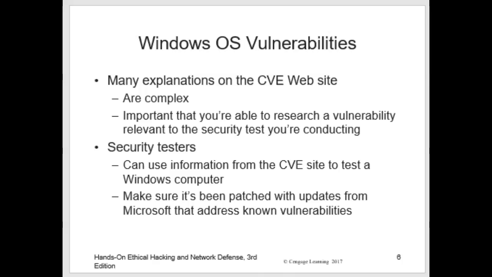Many of the explanations on the CVE website can be very complex, right? For me, for you, for everybody, right? What's important, however, is that you're able to research the vulnerability that is relevant to the security test you are doing, okay? You might also have to visit the Microsoft website to see what patches or security updates are available. So there's a part 2 of your research.